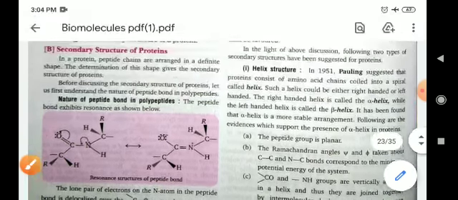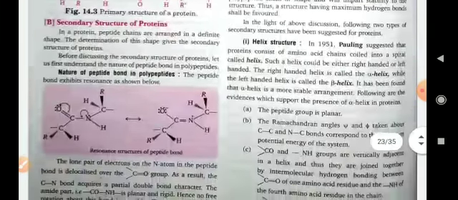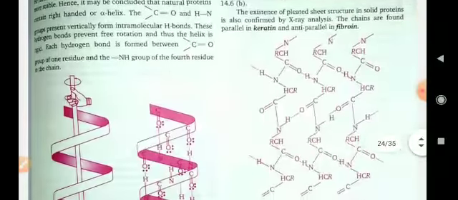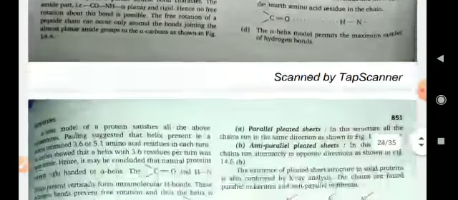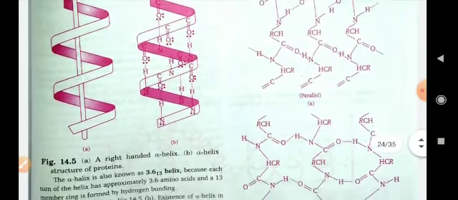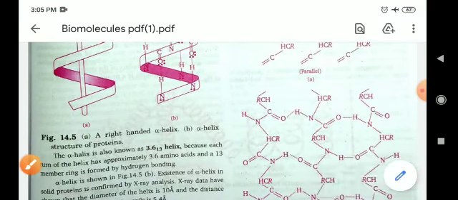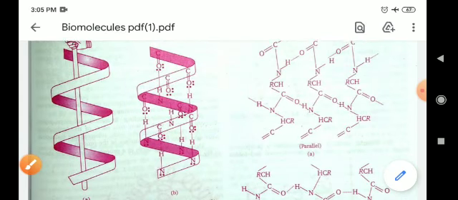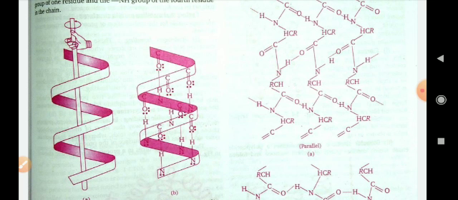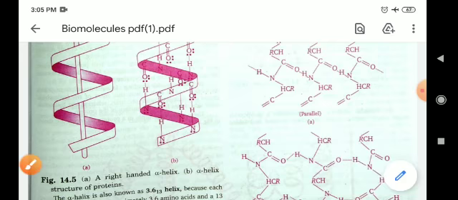In the secondary structure of protein, there are two types of structure present, the right-handed alpha helix and the beta pleated sheet. In the alpha helix structure of protein, hydrogen bonding occurs between the carbonyl CO carbon-oxygen and the NH hydrogen, and forms a twisted structure, which is known as the alpha helix structure of secondary protein.